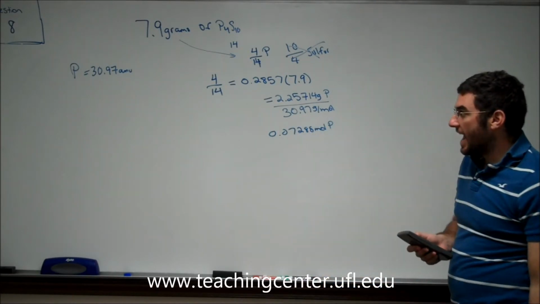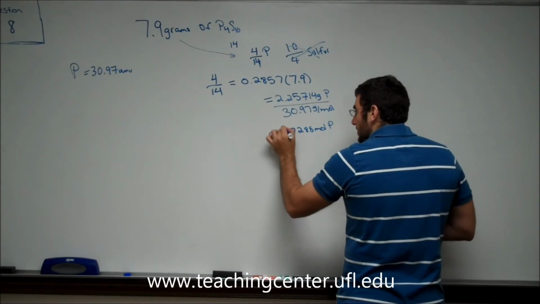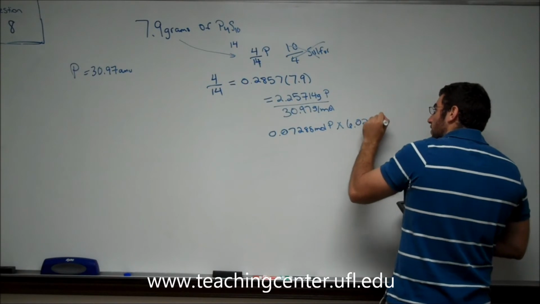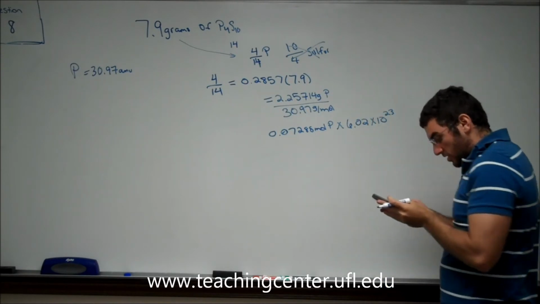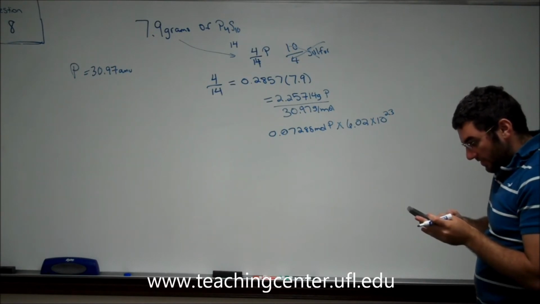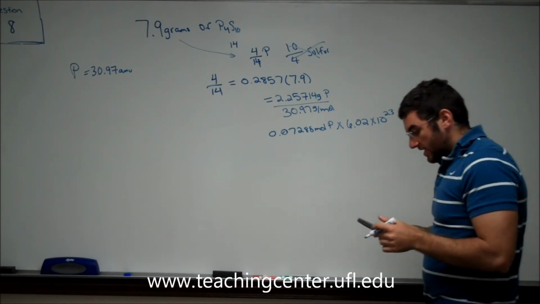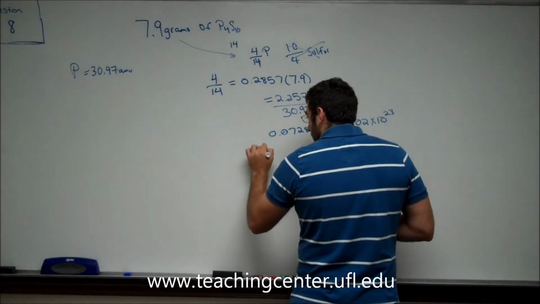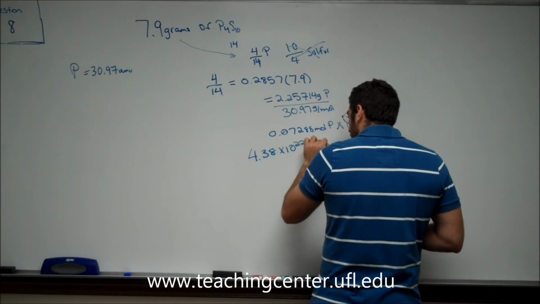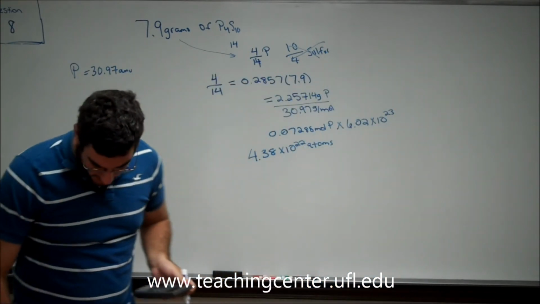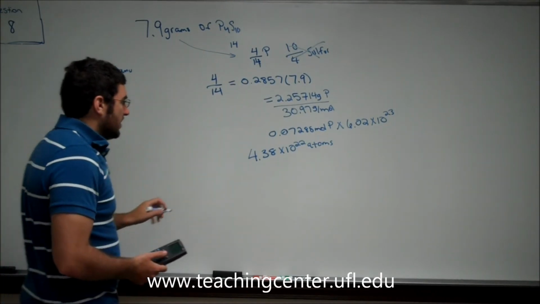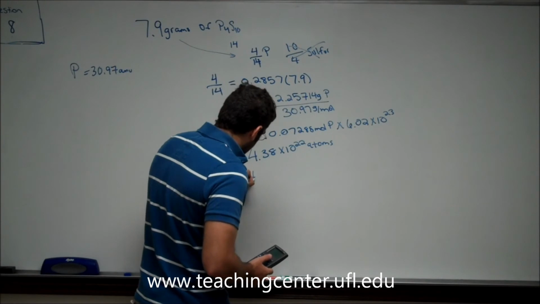If we want to know how many atoms we have, we take 0.07288 and we multiply it by Avogadro's number, 6.02 times 10 to the 23rd, which gives us 4.38 times 10 to the 22 atoms. And if we look at our test choices, 4.3 would be the answer.